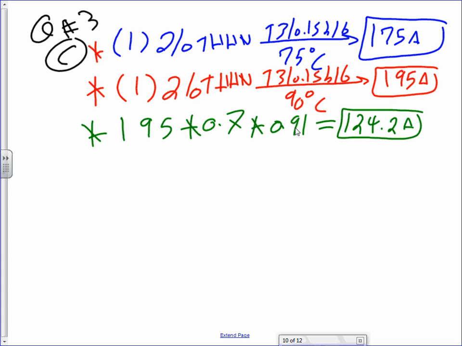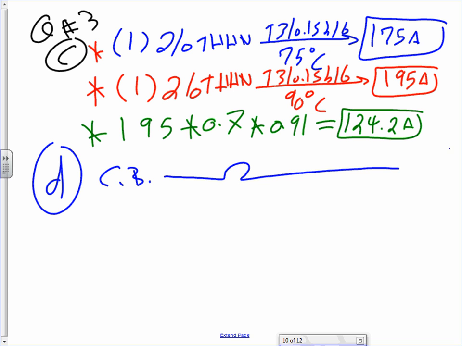So the last thing, guys, is D. D is the overcurrent device. We need to find the overcurrent device. My circuit breaker is going to look something like this, and here's my load at the end. Now remember this is a 2 AWG, and the load is 124.2. I need the circuit breaker at the top.